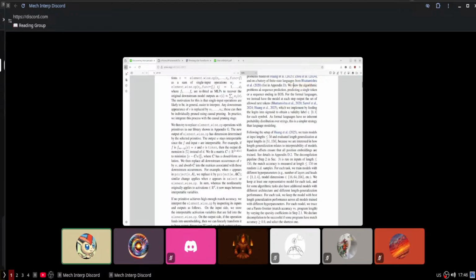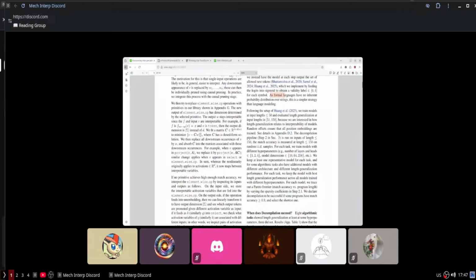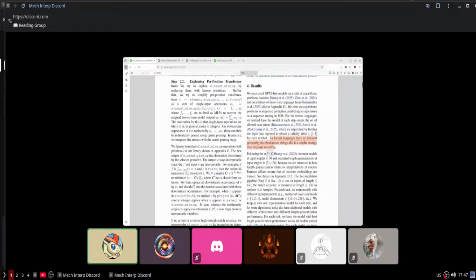We build a problem of sequence predictions, implemented by feeding the logit syntax to a probability level for each symbol. Okay, so they just put the thing as correct or not correct.